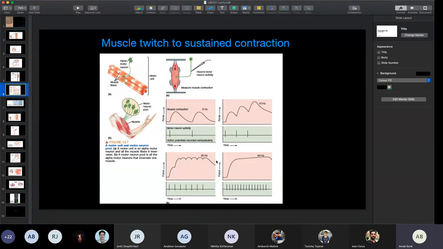Eventually it gets high enough, and if it reaches a threshold, then you can see a movement. So the point is that the twitching has to be at sufficient frequency to reach this plateau stage and eventually make a movement.